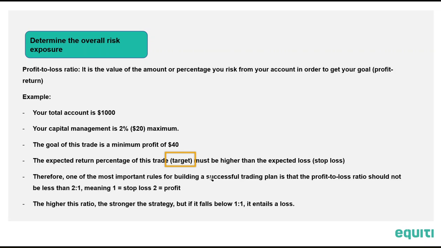Therefore, one of the most important rules for building a trading plan is that the profit and loss ratio should not be less than 2:1, meaning 1 is the stop loss and 2 is the profit. The higher this ratio, the stronger the strategy, but if it falls to 1-to-1, it entails a loss. So you need a profit target greater than your stop loss, just in case you want to minimize your losses.